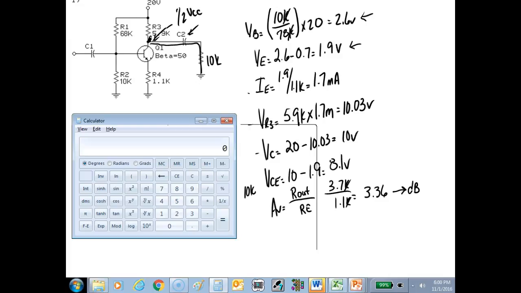We just went over this last class. No, this is voltage. So I'm going to take 3.36, take the log of that right off the bat, and then multiply this times 20. So it's 10.5 dB.